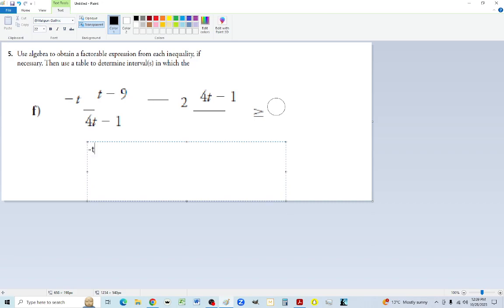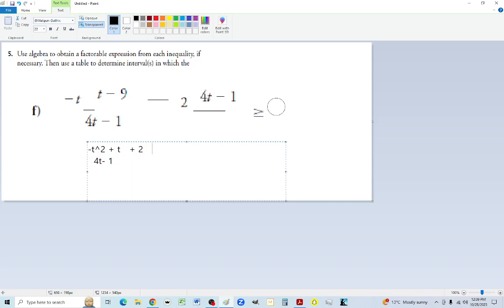Get minus t squared plus 9t minus 8t plus 2. And so that becomes just plus t all over 4t minus 1.